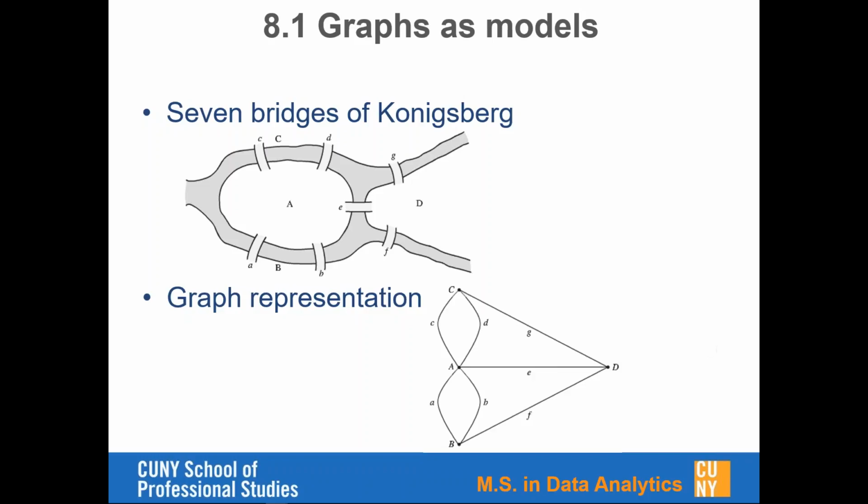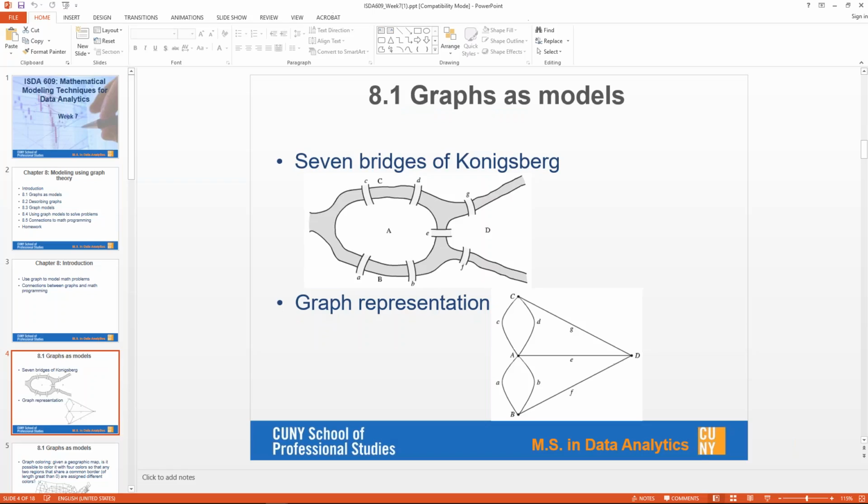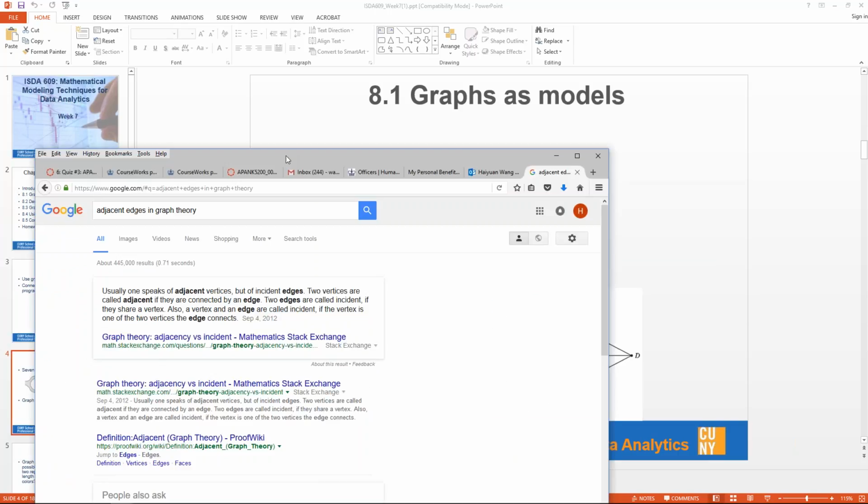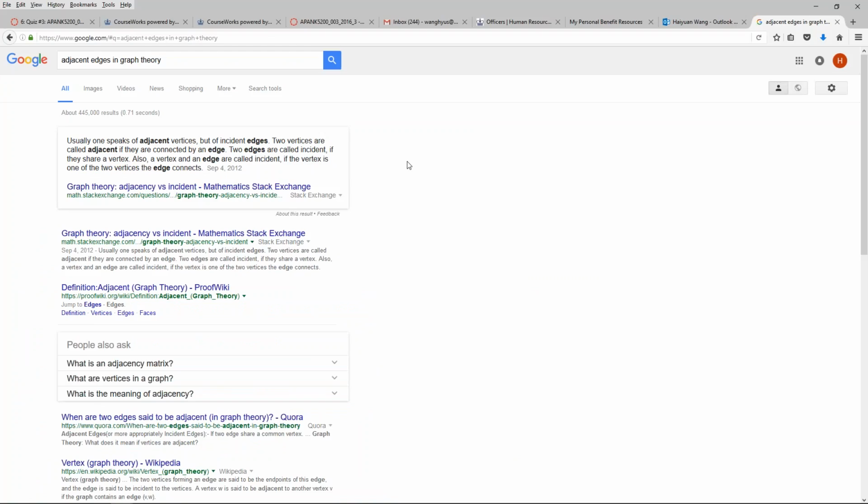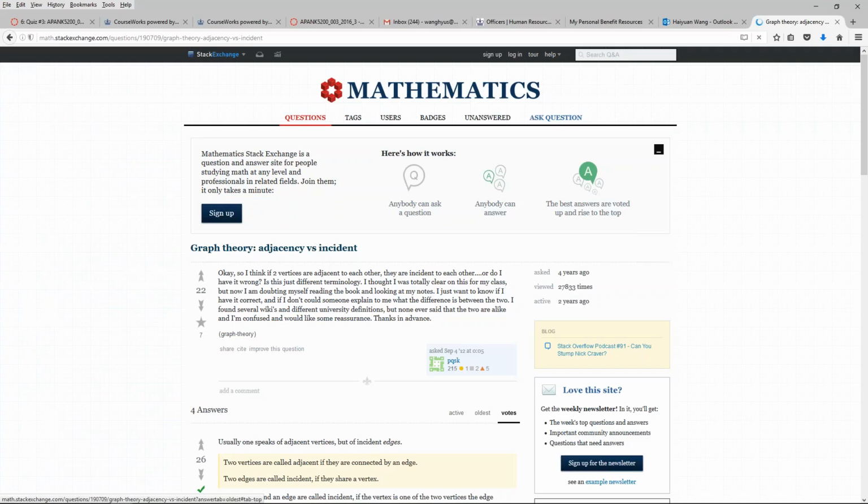I don't know if there's adjacency of edges at all. Hold on. So I searched adjacency edges in graph theory, and apparently there is adjacency here.